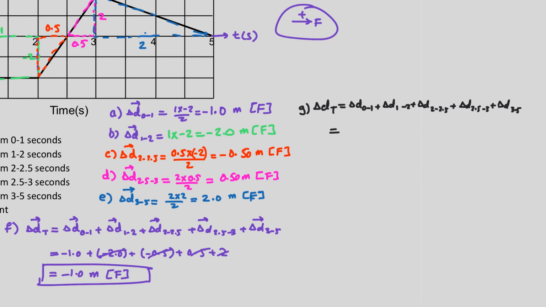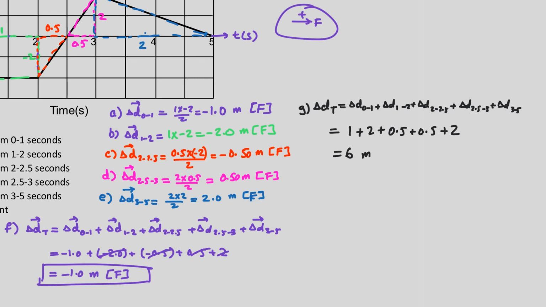For the distances, we don't care about the sign or the direction, we only care about the magnitude of these values. So from 0 to 1, that was 1. 1 to 2, that was 2. 2 to 2.5, 0.5. And then 2.5 to 3, another 0.5, and then another 2. So we get 1 plus 2, 3, 3.5, 4, and 6 meters.